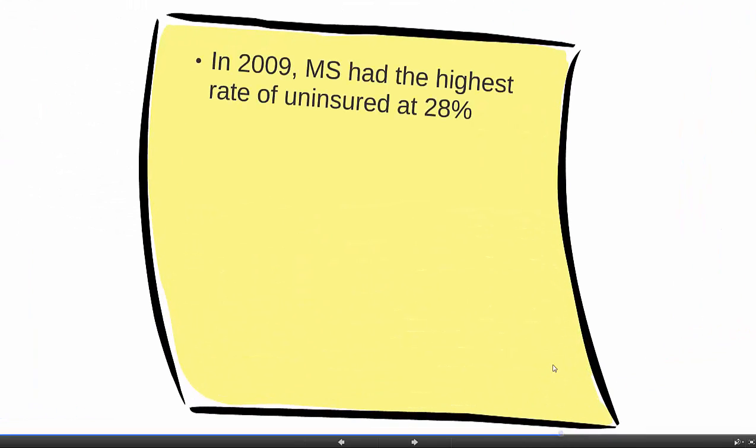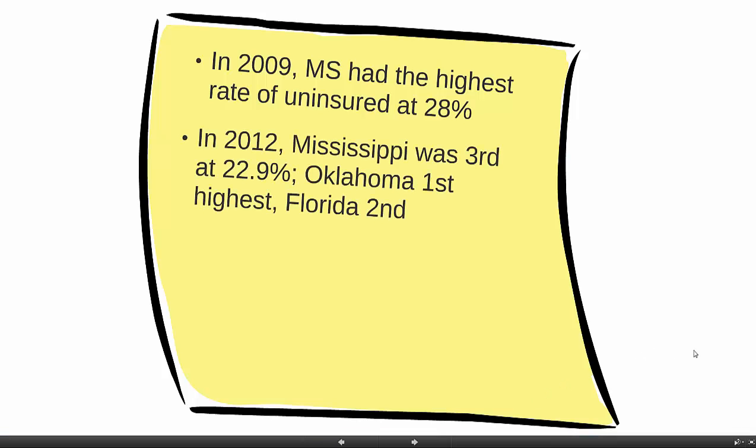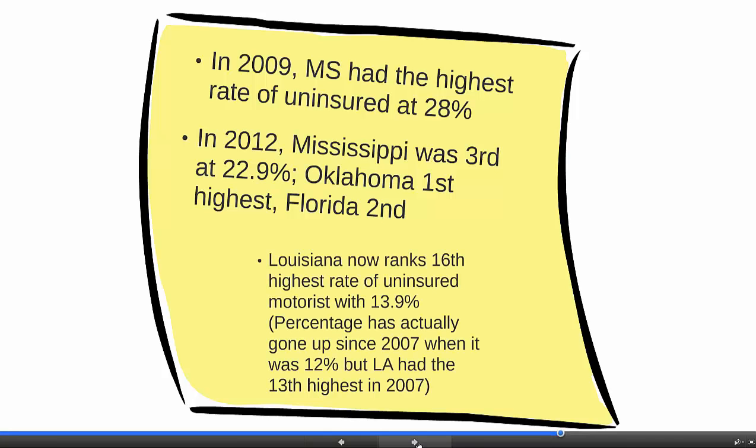In 2009, interestingly, Mississippi had the highest rate of uninsured motorists at 28%, meaning that 28% of drivers in the state actually were uninsured. By 2012, Mississippi had improved a bit, being third at 22.9%. Oklahoma was first highest, and Florida was second highest in percentage of uninsured motorists. Louisiana now ranks 16th highest, with 13.9% of uninsured motorists in the state.